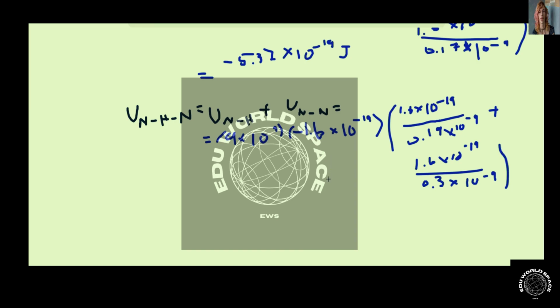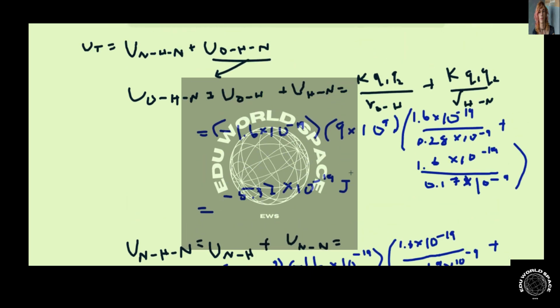So now if you plug this into our calculator, we're going to find out that the potential energy for the adenine bond is equal to negative 4.45 times 10 to the negative 19 joules. So now that we have both parts to this first initial expression that we wrote here, we can just add them together to get the total potential energy.